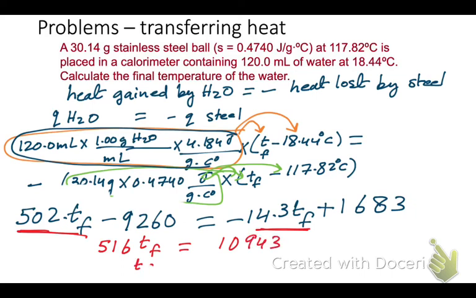If you calculate the final temperature, it will be 21.2 degrees Celsius. And it does make sense. It's higher than the initial temperature of water and lower than the initial temperature of the steel.